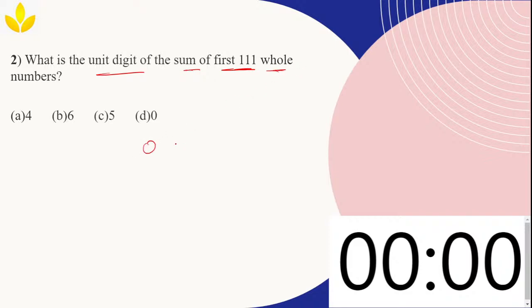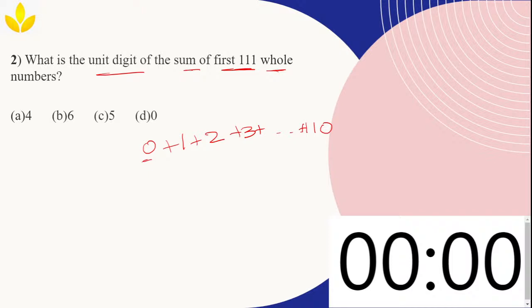Which are those? 0, 1, 2, 3. Correct? So, first 111 means starting from 0, you have to go till 110. So, these are 110 plus 0, total numbers will be 111. Now, they are asking you to add all these numbers, and then after adding you will get one sum, and they are asking the last digit of that sum.